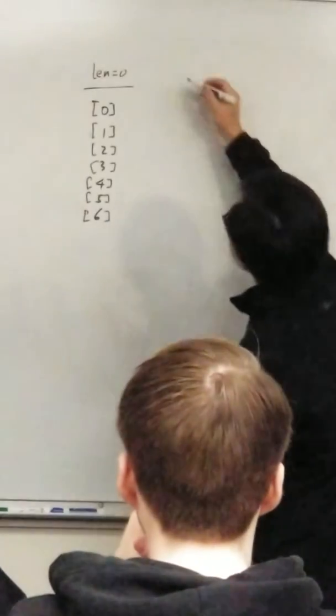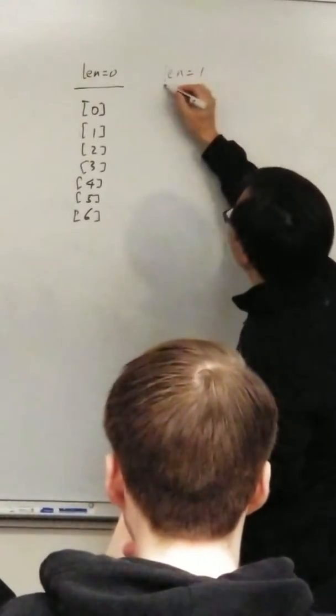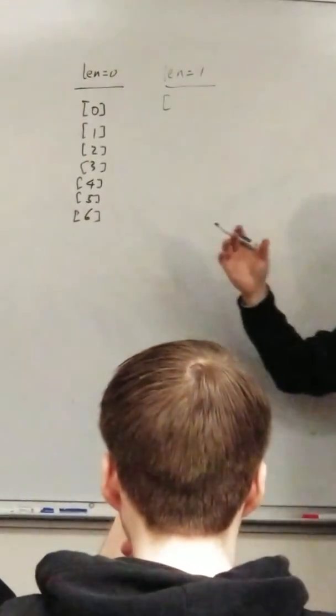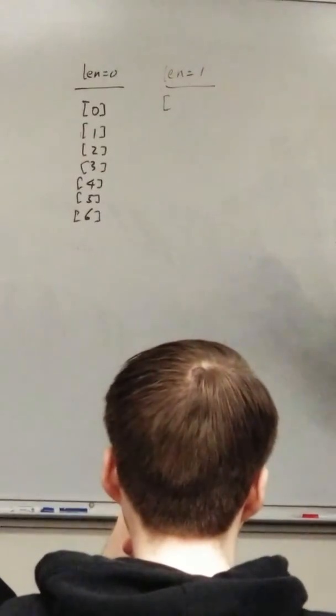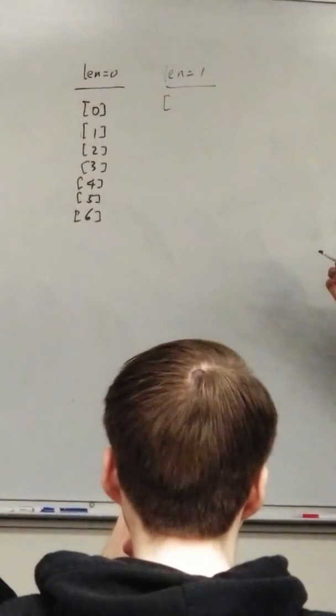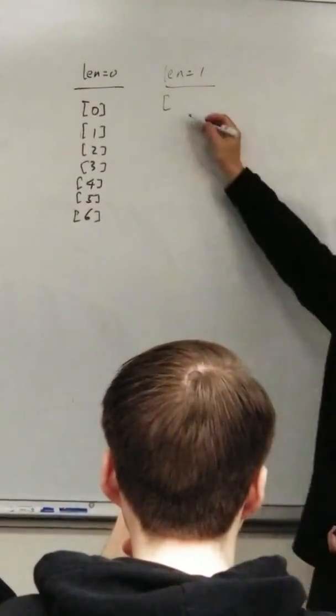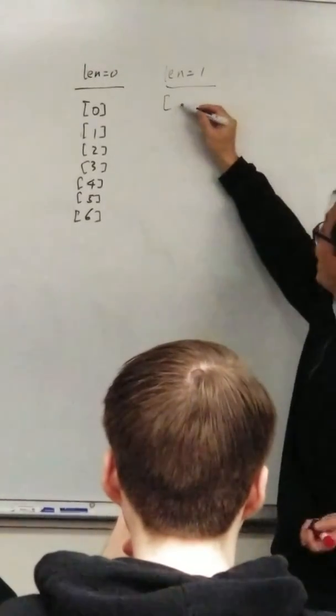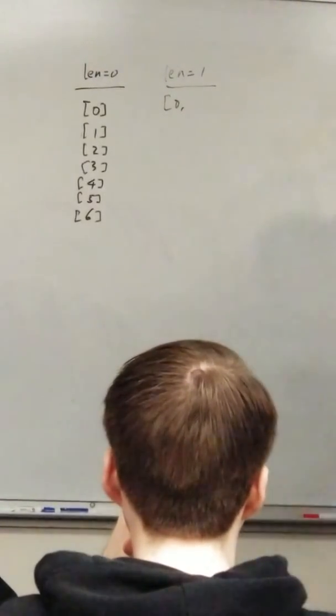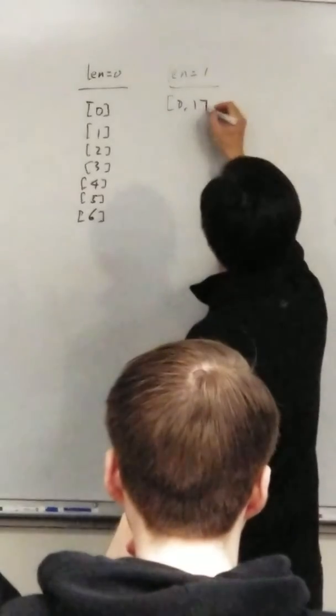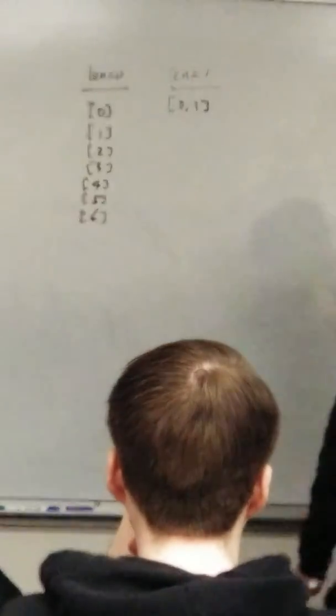Right? I'm going to do length equals 1. What would that be? All the edges, right? All the simple paths of length 1 would be 0, 1, 0, 4.